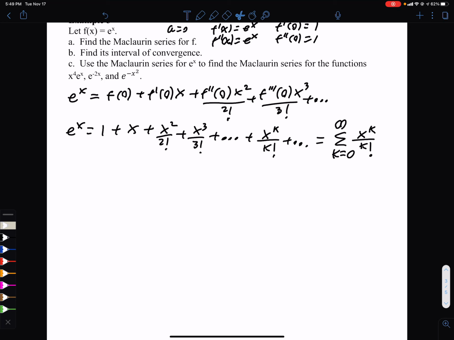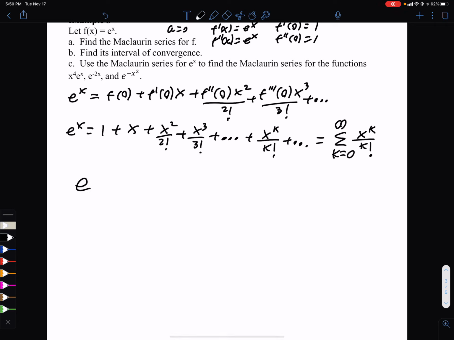Delete. So now they want the Maclaurin series for x to the fourth times e to the x. So we're going to use that property that we learned from the last section. If I want to multiply, that's just as ugly.